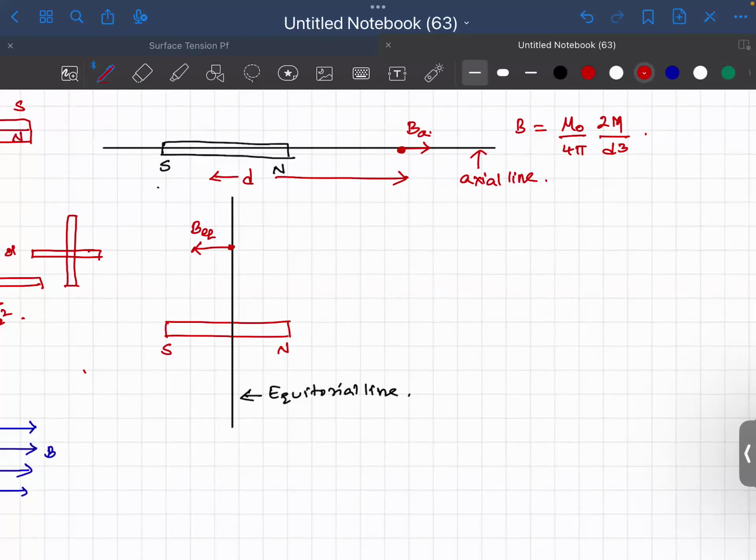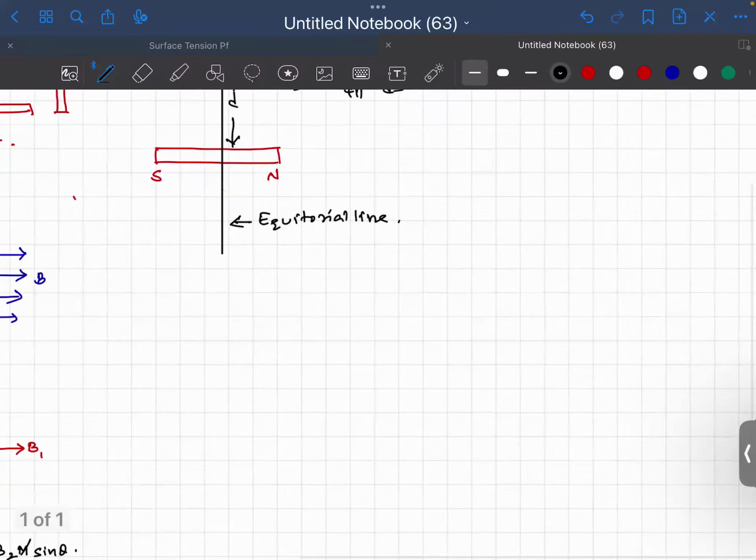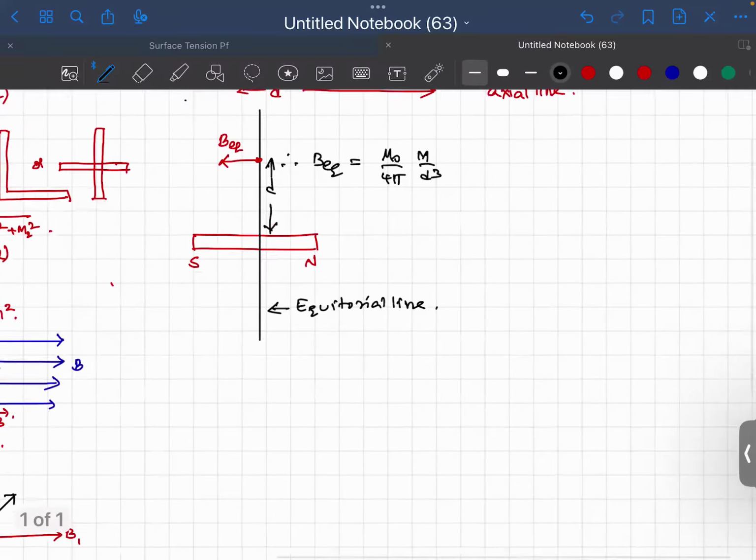So let this be B axial and that is B equatorial. Therefore, B equatorial is mu naught by 4 pi, M by d cube, where d stands for this distance from the center. Okay? So the fields are what is important.